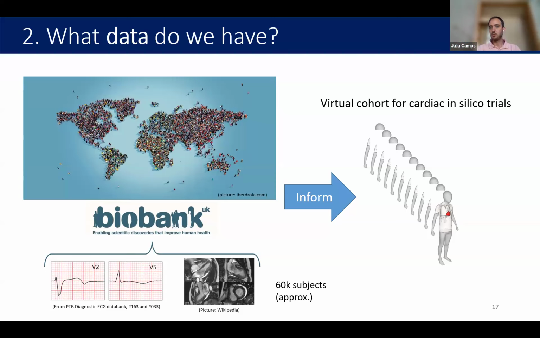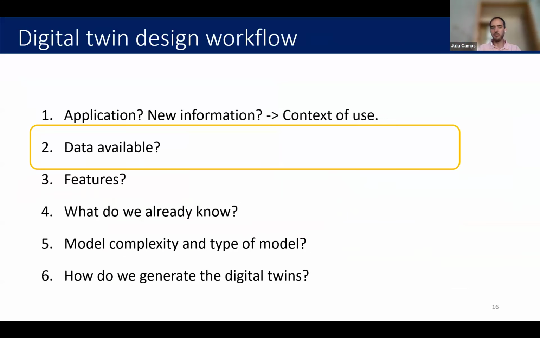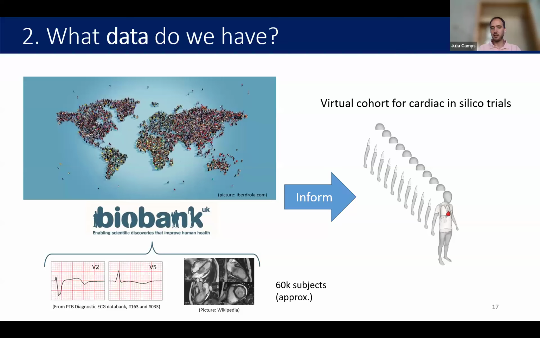But what we do have is a lot of data of people's hearts, right? So we can actually capture part of what we were saying here, the individual variation in terms of anatomy and function, because we have people's MRIs and we have people's ECGs.